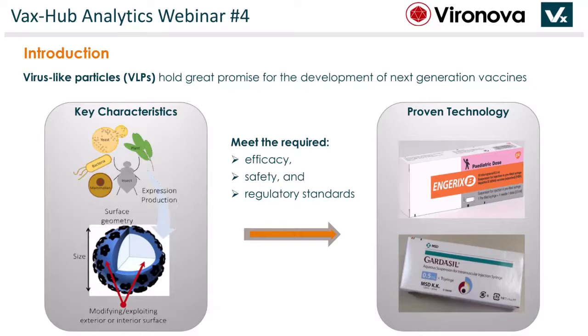Some examples of VLPs being produced and used are Gardasil, which is a vaccine against human papillomavirus, and Engerix, which is a vaccine against hepatitis B.